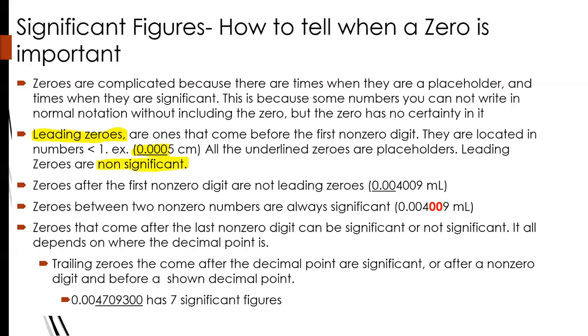On the other hand, zeros that happen after the first non-zero digits are not leading. So they can exist in 2 types. One of them is what we're going to call trapped. These are ones that are stuck between 2 non-zero numbers.